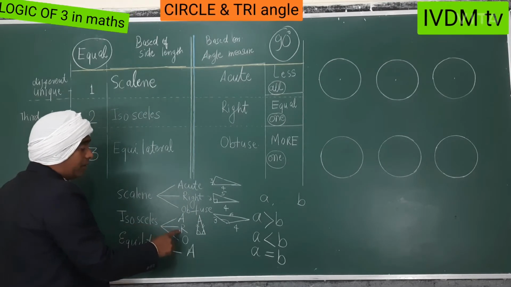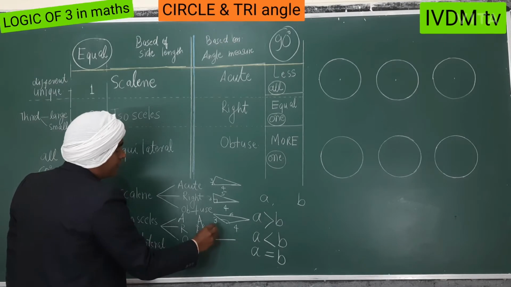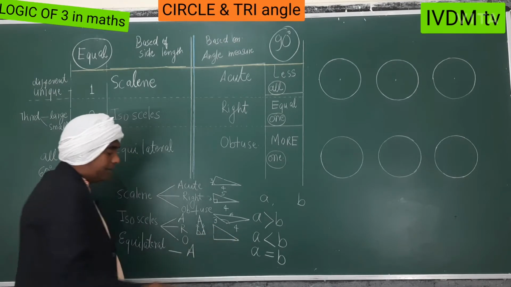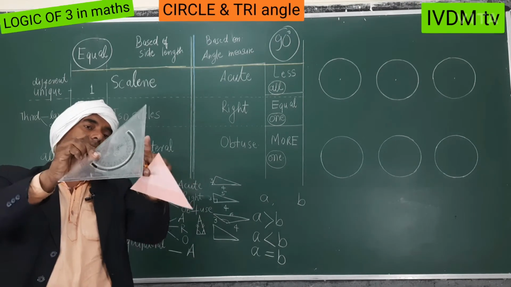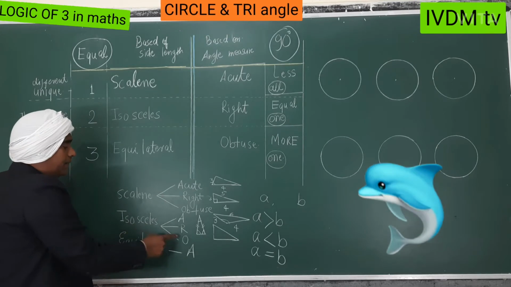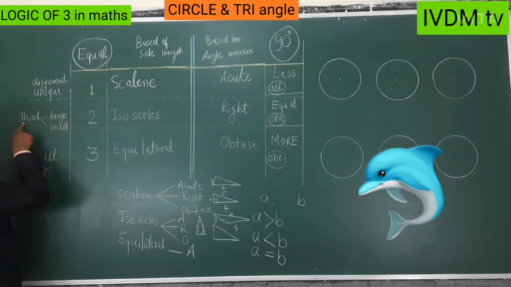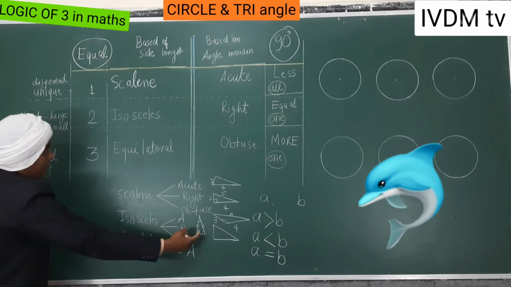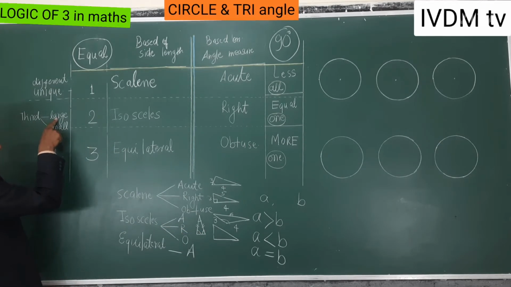Isosceles may be right angle also, like this right angle which I am holding right now, this is right angle triangle, but these two sides are equal. Isosceles may be obtuse angle, means just I have told you now, third side is smaller here and here third side is large.